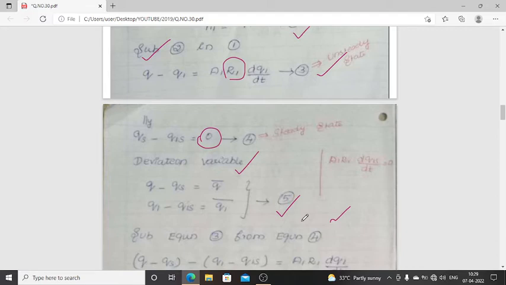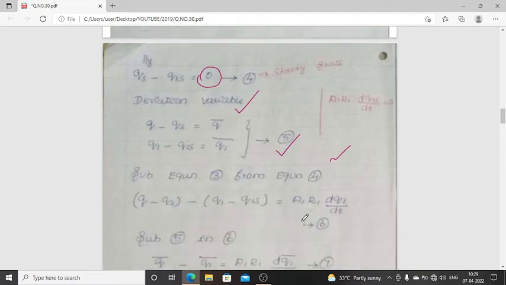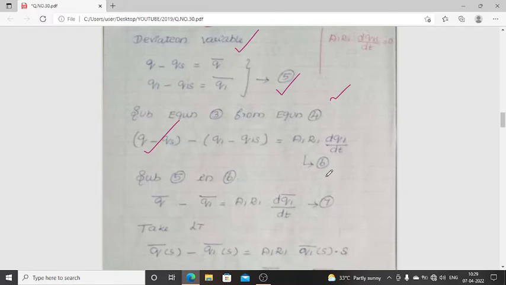The third equation is Q minus Q1 is equal to A1 R1 dQ1 divided by dt. Fourth equation, Qs minus Q1s is equal to 0. So Q minus Qs minus of Q1 minus Q1s is equal to A1 R1 dQ1 divided by dt. This is the sixth expression.